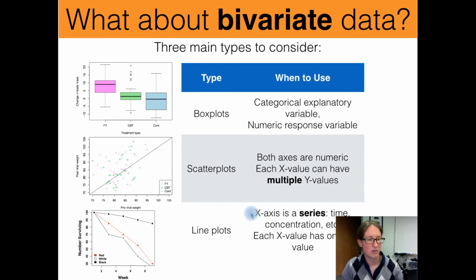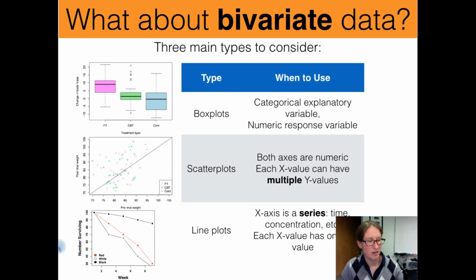So something that might be a series would be time, right? You can only go forward in time, you can't go back in time. Or it might be concentration. And so when you draw a line plot, that is indicating that there's some kind of connection between the points in that line plot.